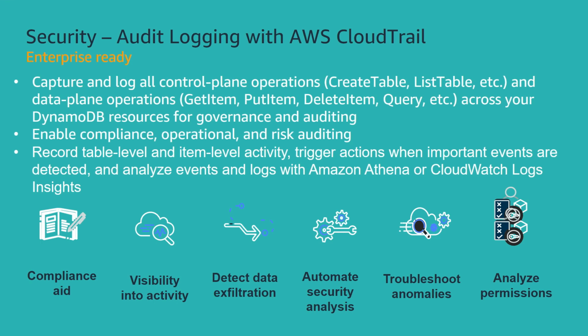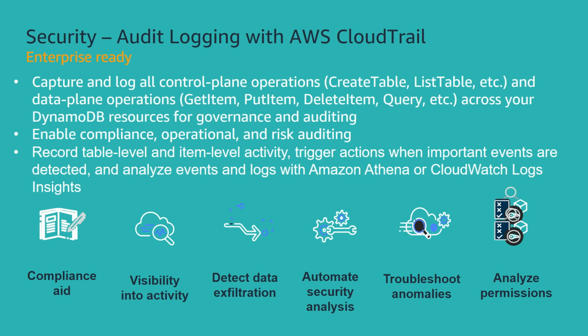CloudTrail provides event history of your AWS account activity, including actions taken through the AWS Management Console, AWS SDKs, software development kits, command line tools, the CLI, and other AWS services.